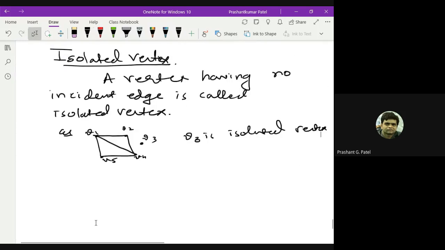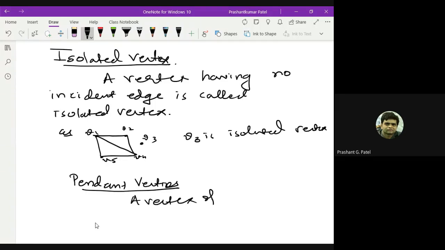The next definition is a pendant vertex. Pendant is like pendulum, so the word itself suggests what the definition of a pendant vertex should be. A vertex of degree 1 is called a pendant vertex.